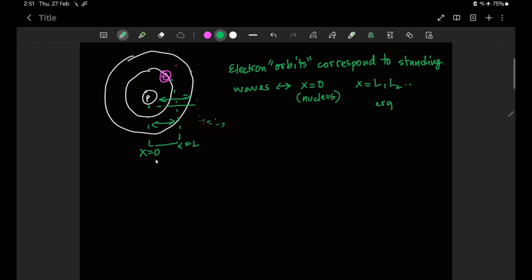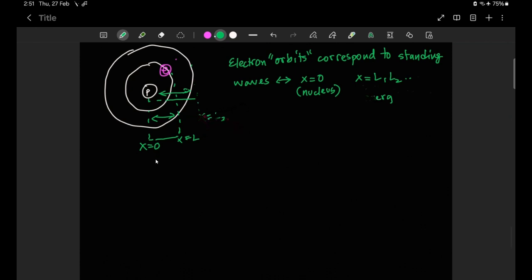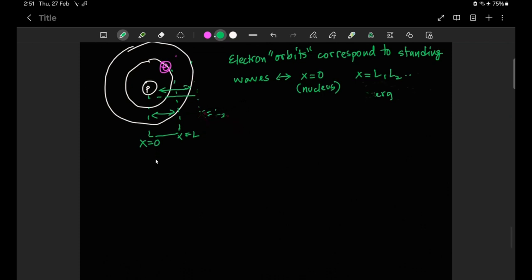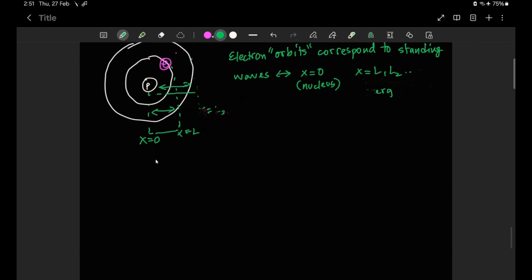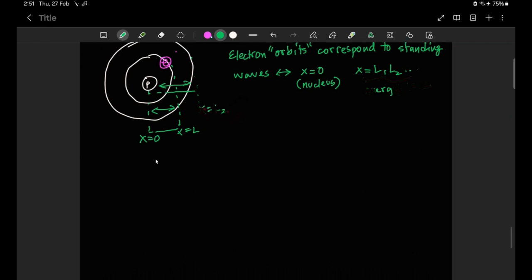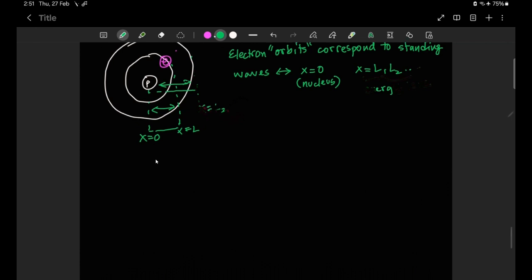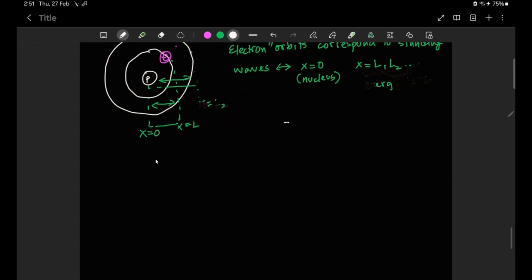So let's draw what we mean here. So you have the energy level. Let's say this is n equals 5. So n equals 5 means it will have, let's say, 5 waveforms or something like that. So let's start here.